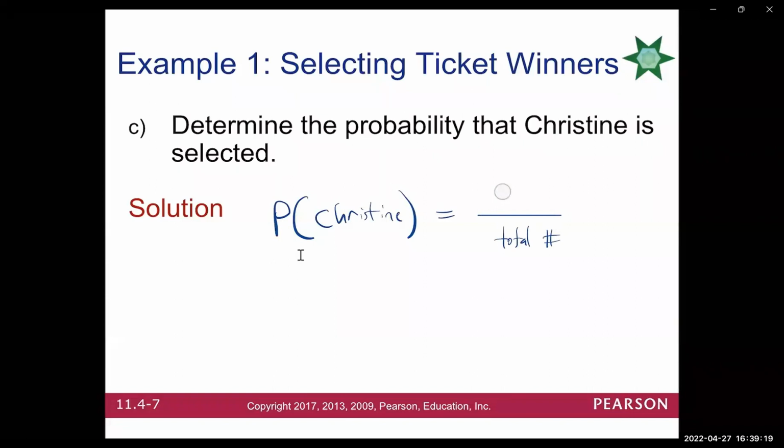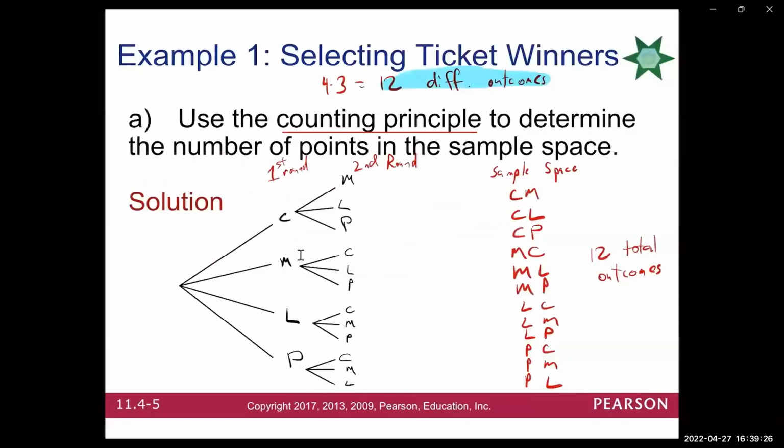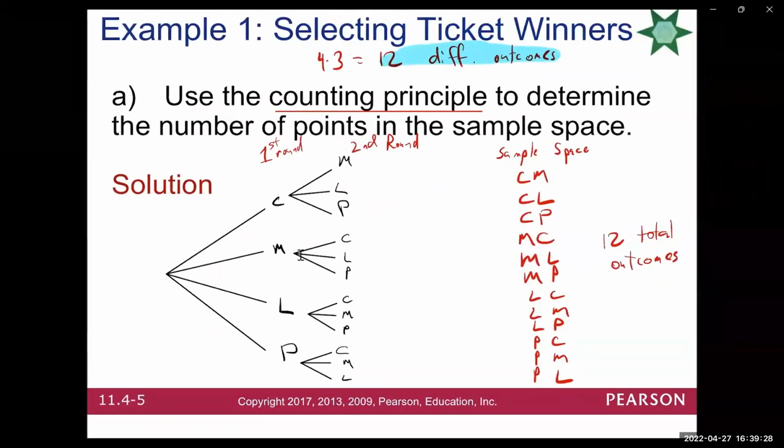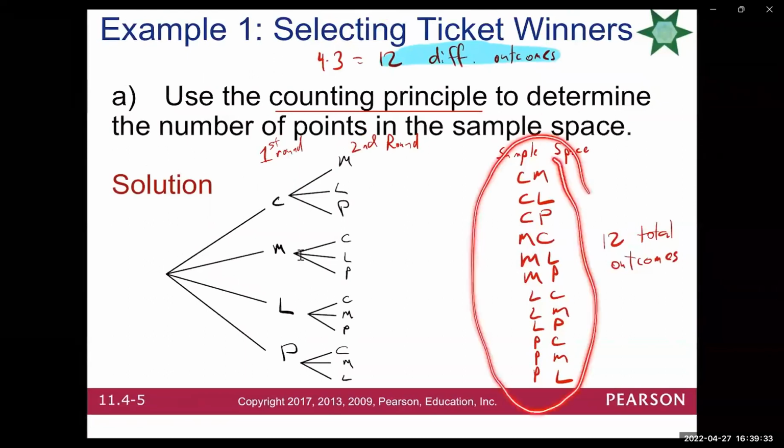So if you go back, first or second, it doesn't even matter first or second, as long as she gets selected. So anybody know how many of these have Christine in it?